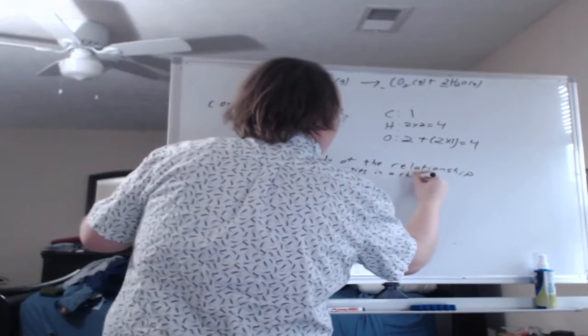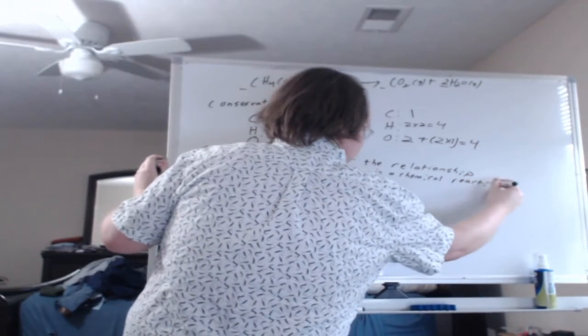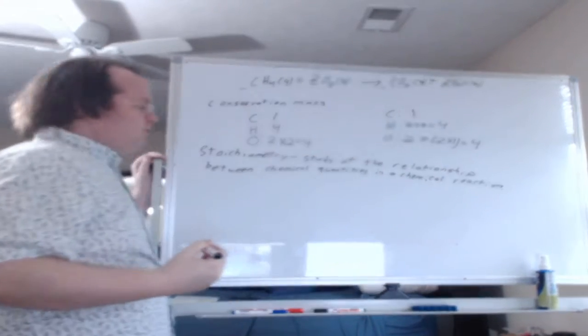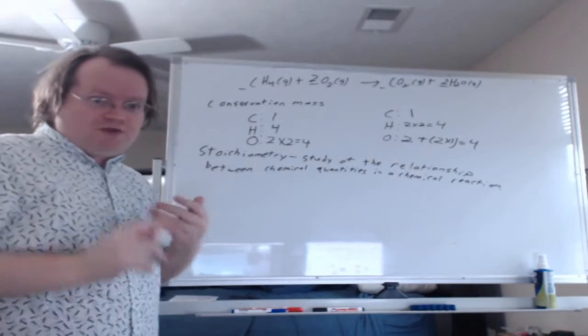Now, the reason I mention this is not because I expect you to be able to spit out this exact definition word for word. That's not very useful. But you're going to see this term a fair bit if you try to look at other resources or if you ever ask for help.